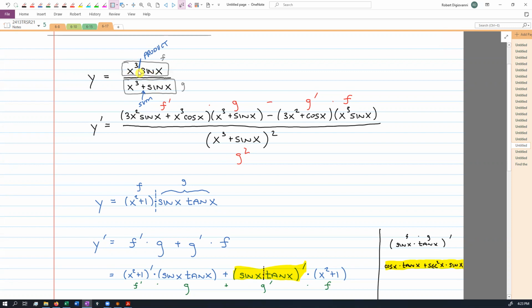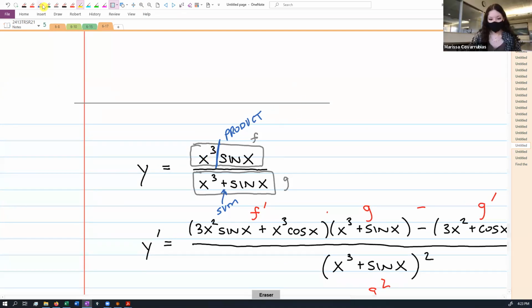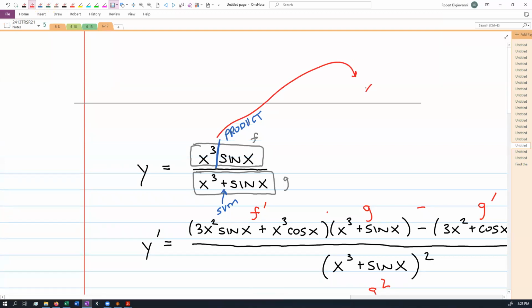So this is a product, right? This x cubed sine x. So you first start by taking the derivative of this one. Let me just write it down. This right here is x cubed times sine x. We can treat this product as this is the f and this is the g. And so we just need the formula f prime times g plus g prime times f.